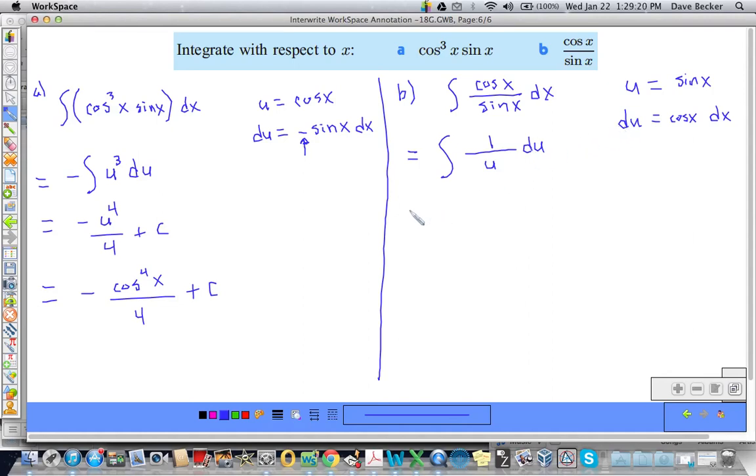Okay? And we know that the integral of 1 over u is the natural log of the absolute value of u plus c. And then very quick and very simply, we are done. It's the natural log of the absolute value of sine x plus c.